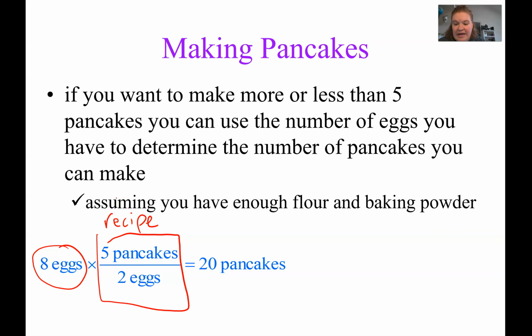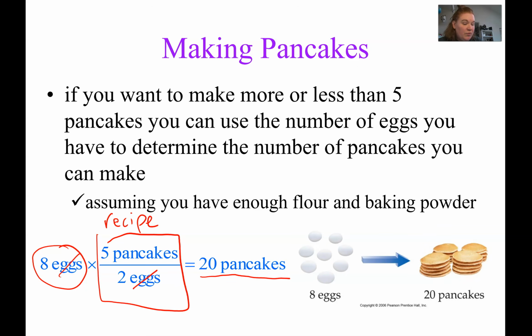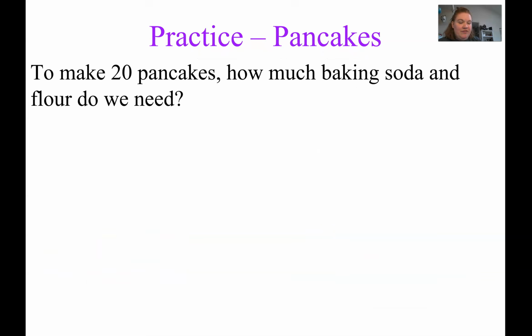The recipe said that it requires 2 eggs to make 5 pancakes, so we can set this up like one of our conversion factors. Notice the eggs cancel out and we're left with pancakes. So if we have 8 eggs, we could make 20 pancakes. That's our relationship. That's keeping that ratio the same. That 5-to-2 ratio is the same as a 20-to-8 ratio. So we're going to build off of that.